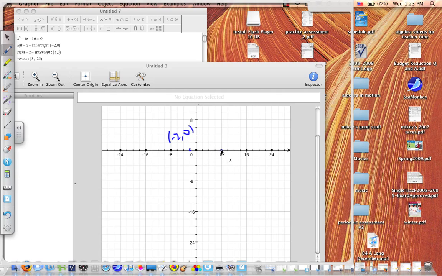My second coordinate is 8, comma 0. My third coordinate is 3, comma negative 25, which is about here. It's kind of hard to write with a cursor.